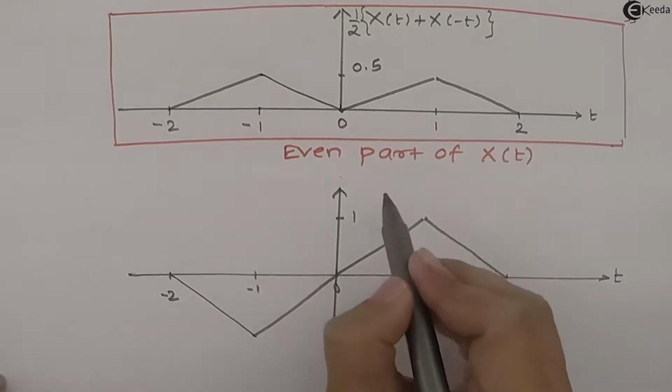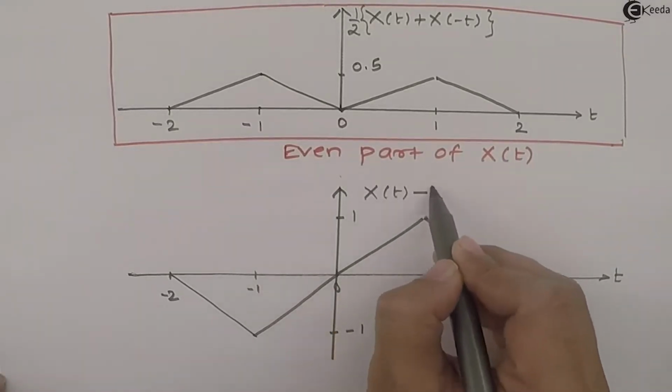So this signal we obtained is x of t minus x of minus t.